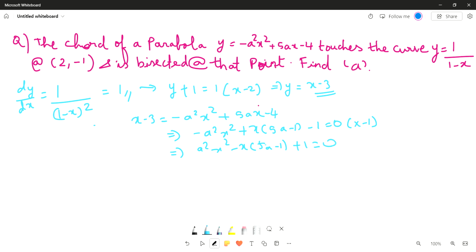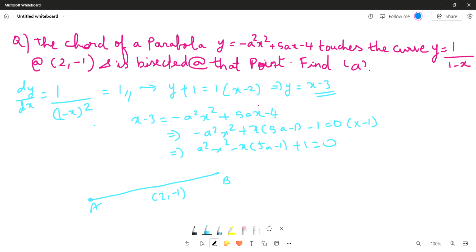So now we need to find the values of a. For that, since this is a chord, its endpoints A and B are on the parabola and it is bisected. So the midpoint is (2, -1).